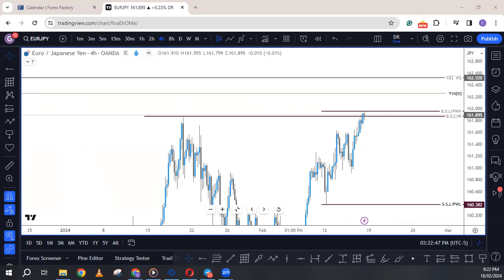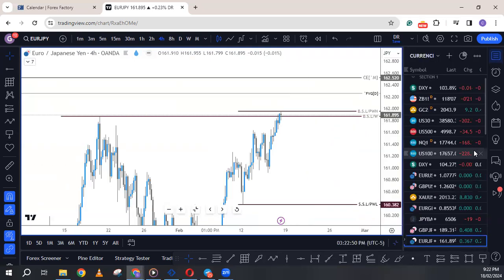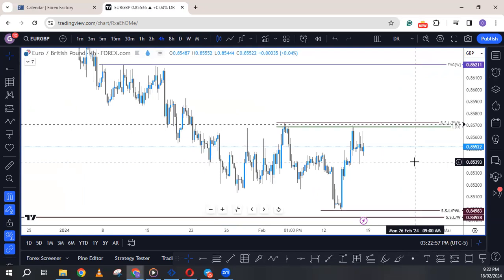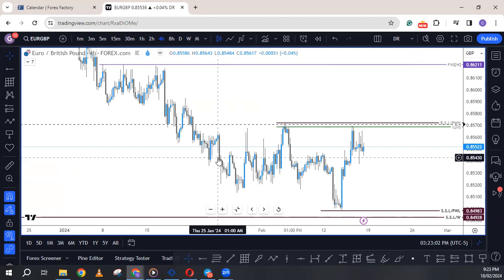Whereas EURUSD was buying, GBPUSD was selling. What do you think? Do you think that trend could continue this week?